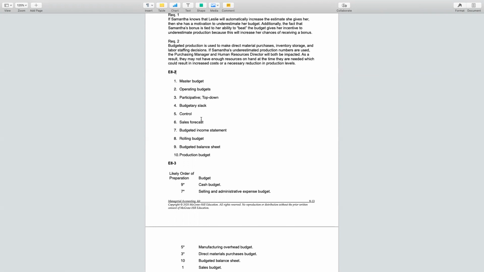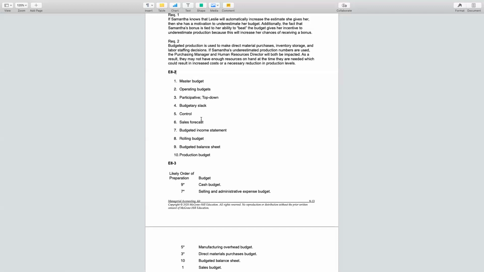Number two, the operating budgets establish goals for the company's sales and production personnel. Number three, a participative approach to budgeting is more likely to motivate people to work toward an organization's goal rather than a top-down approach. So you had two answers in number three.